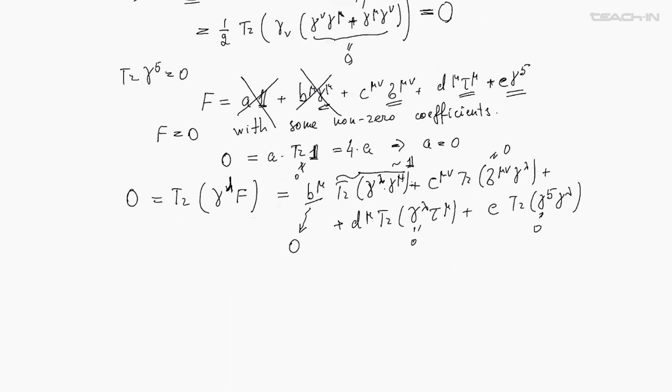So this means that the matrices we have found form a basis in the space of all complex 4x4 matrices.